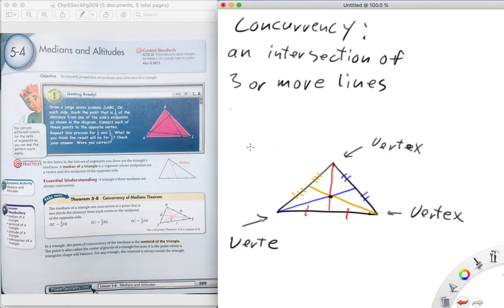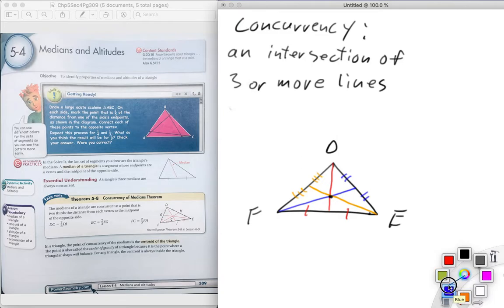So let's label these things. We have F, we have D, we have E. At the midpoint, we have G, we have H, we have J, and then in the center here we have C. And they all meet at this point of concurrency right there, right?